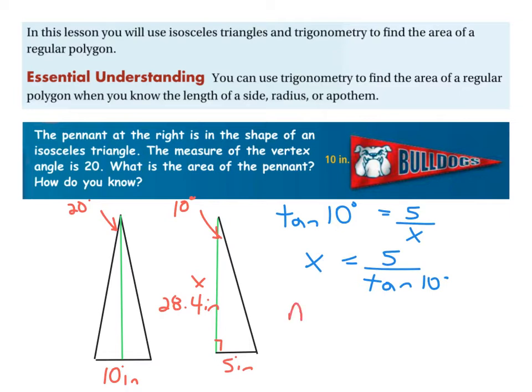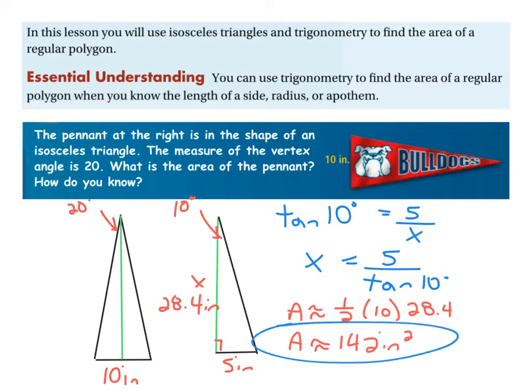And if the area equals one half the base of 10 times the height, actually I'm going to put approximately equal to because we have an approximate measure for the height, times the height, 28.4, we get an area of the pennant approximately equal to 142, and the units were inches, so they are inches squared.